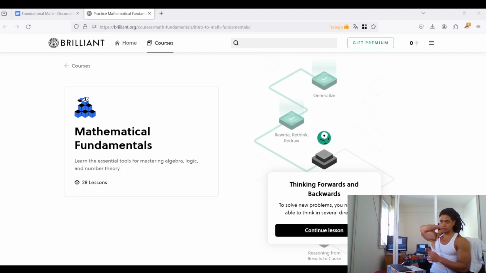It's the practice of generalizing a lesson you learn. For example, to understand where the word mathematics comes from, it's from the Greek word mathema, which means learning, or what one gets to know, that which is learned.